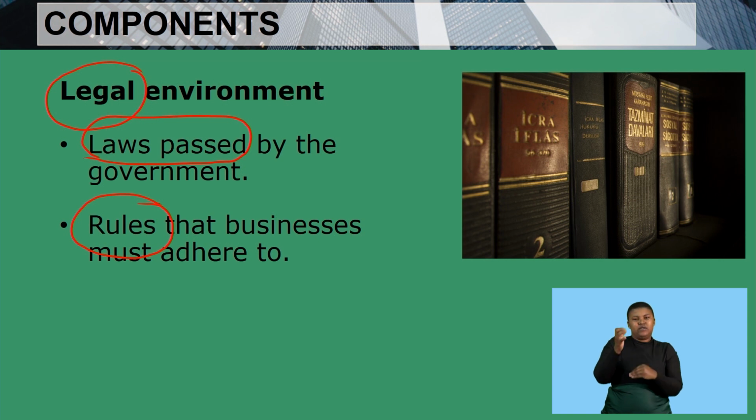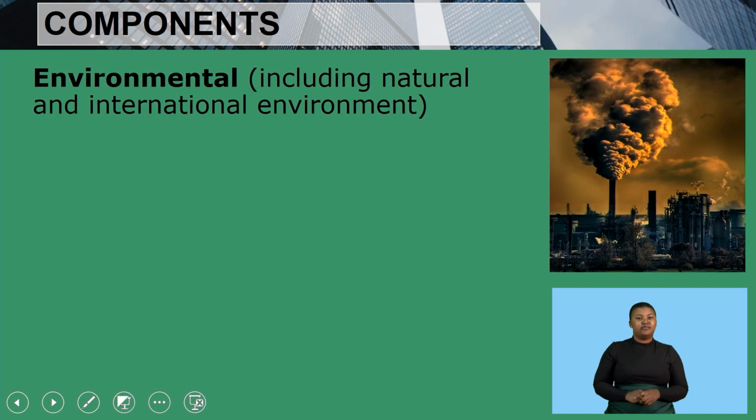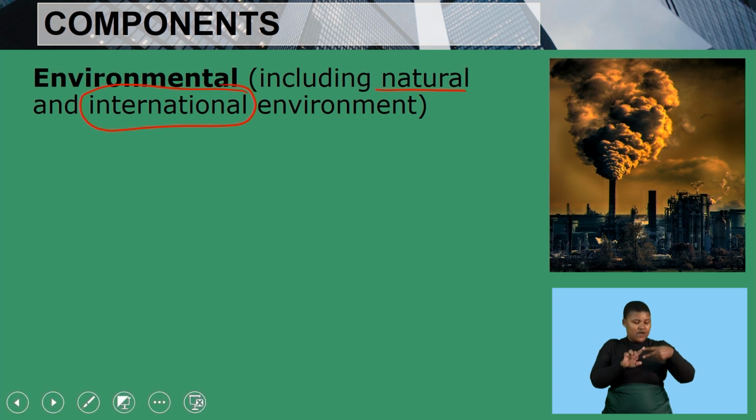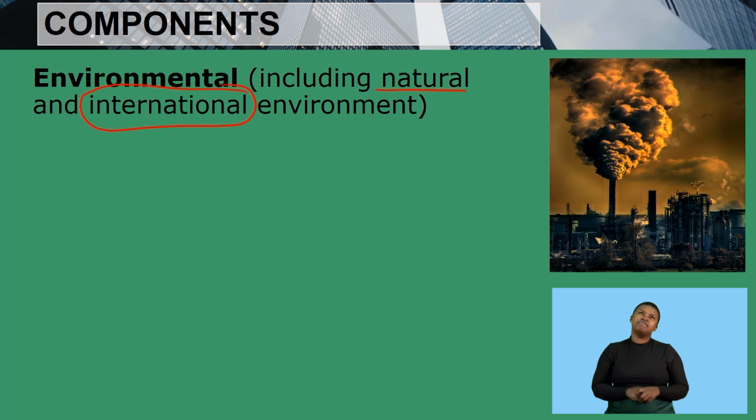Then our last component is our environmental environment. Now, we will only refer to it as environmental environment, but this will include two environments. It will include our natural environment and our international environment. So when we refer to natural environment, think about the nature, all the raw materials and resources we get out of nature.